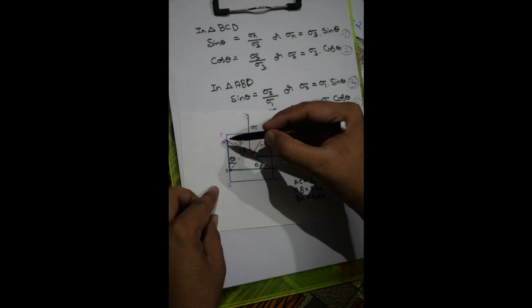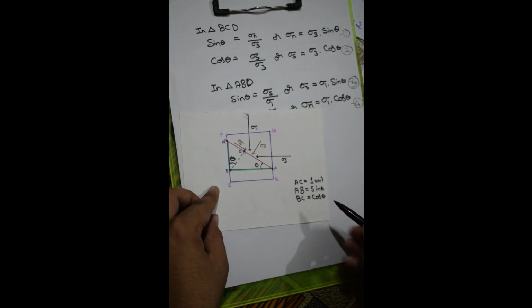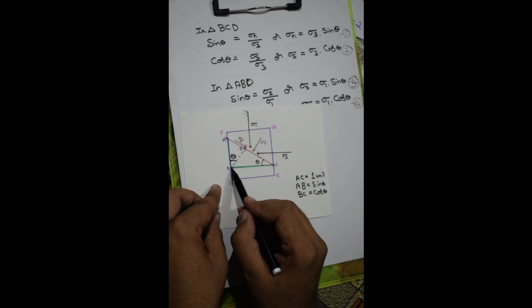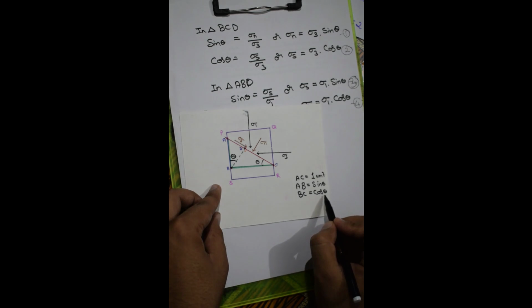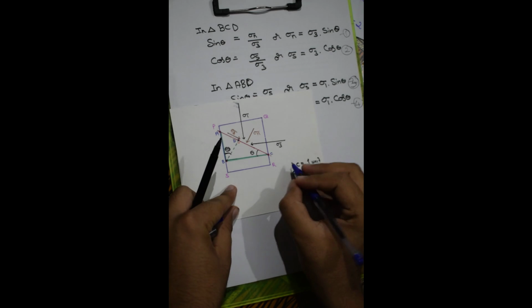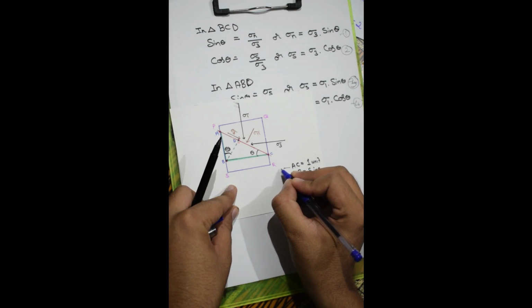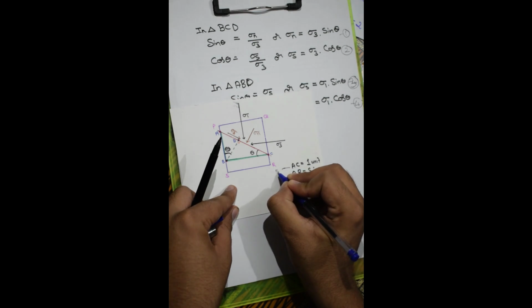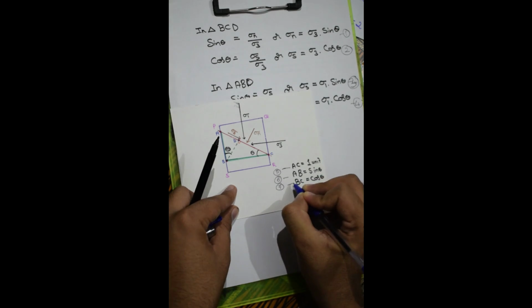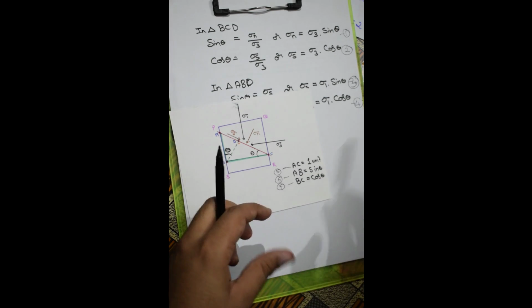So the plane having trace AB has area sine theta, and the plane having trace BC has area cos theta. So we also have to use these equations 5, 6 and 7 in the derivation.